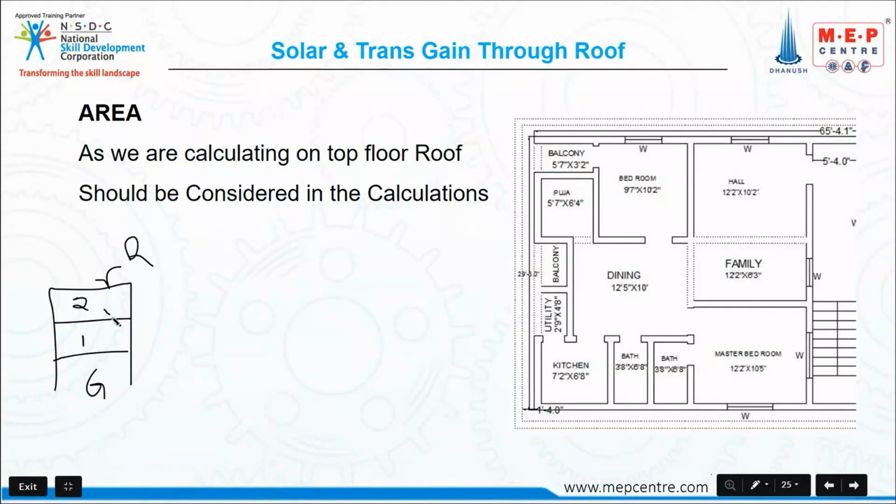Okay, for the first floor this is, for the second floor this will be the floor, or for the first floor this will be the ceiling. Okay, so roofs are always exposed to sun, and the roof will be on the top floor.